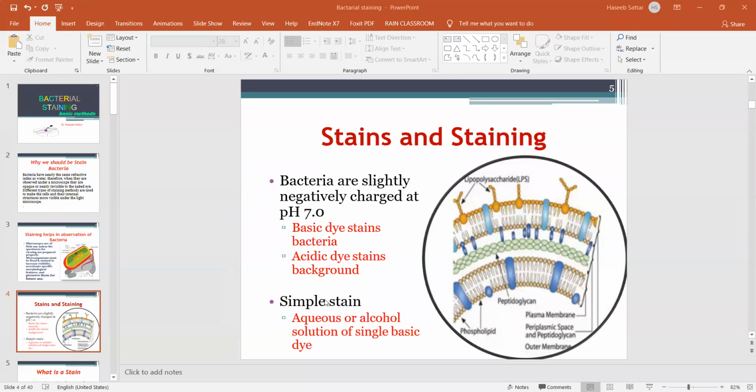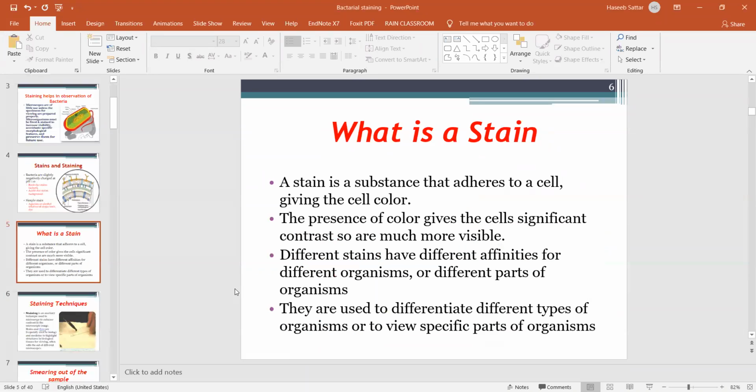Although we have different staining techniques, the first type is the simple stain. In a simple stain, we cannot differentiate different types of bacteria. Simple staining is a technique in which we add a single dye or stain just to color the bacterial cell.